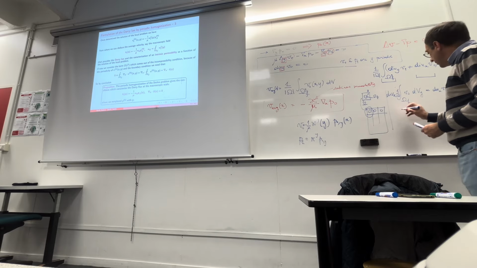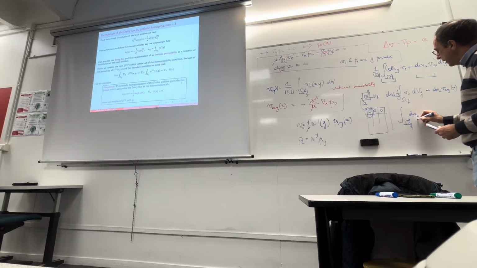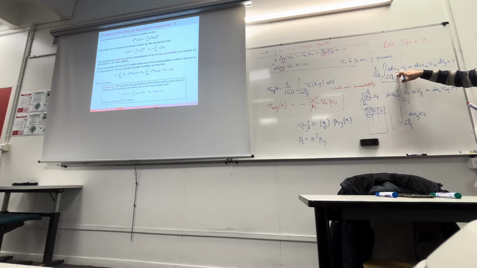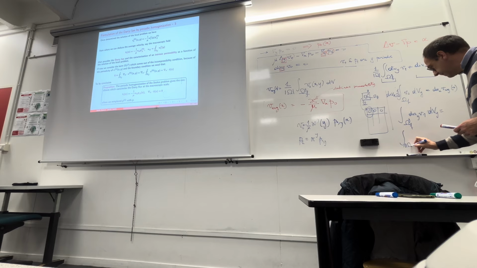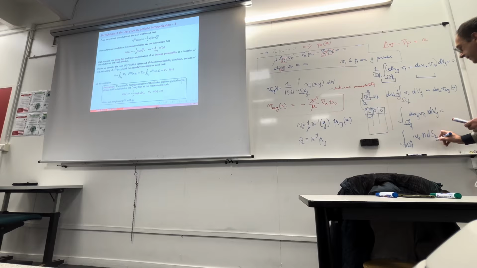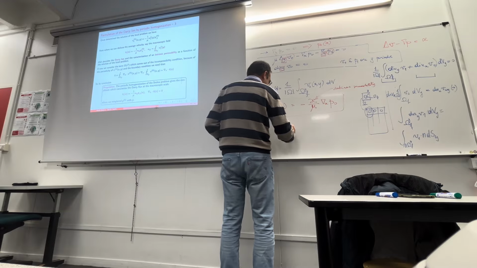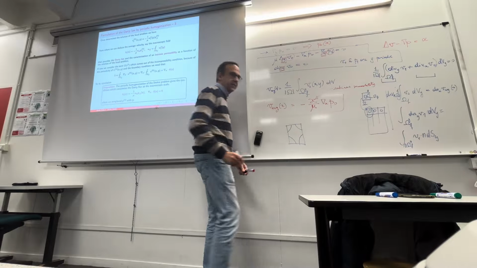Why? Because you have the integral over omega f of the divergence y of v1, dvy. Here you can apply the divergence theorem, so you go to the boundary, the integral of v1 dot n over the boundary.